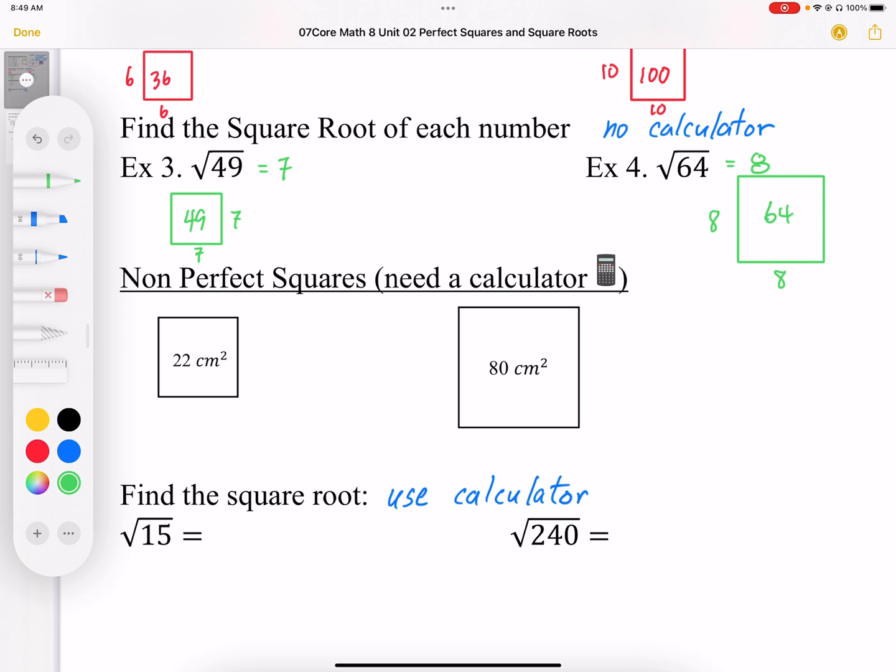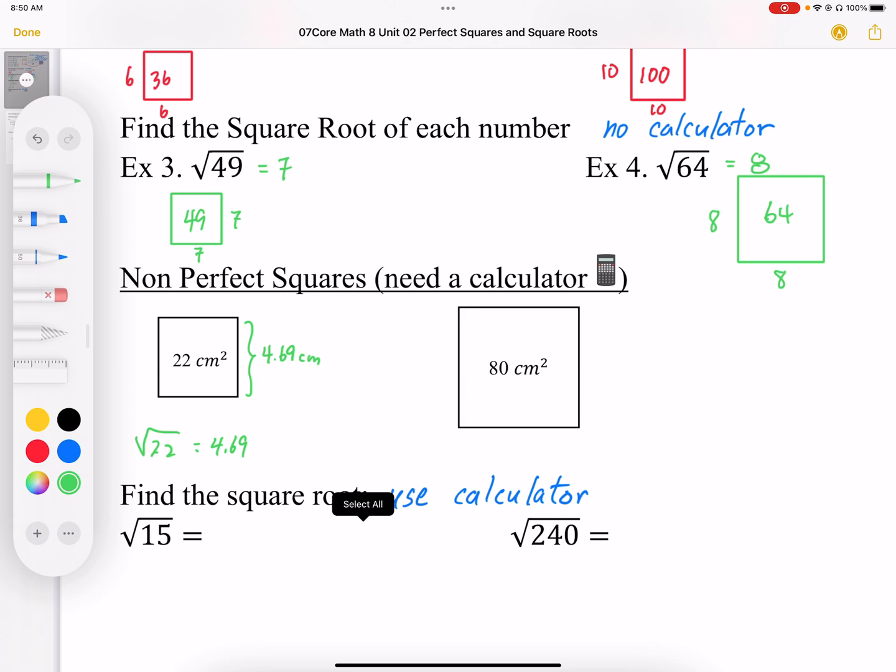So when I square root 22, that gives me 4.69. And that tells me that the side length of that square is 4.69. And since we have units, we're going to say centimeters.